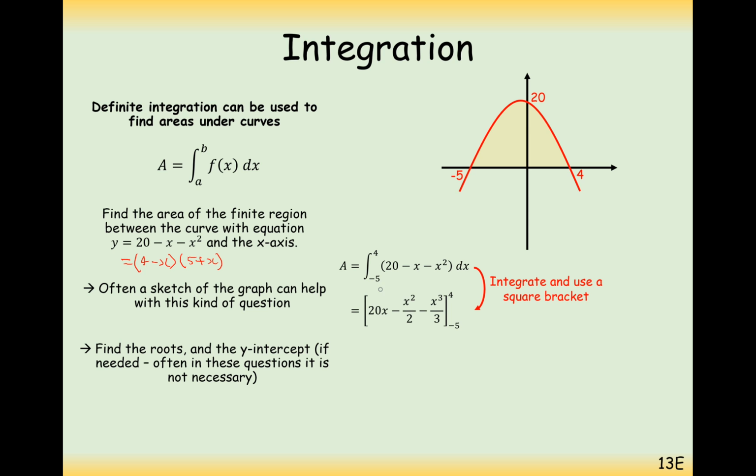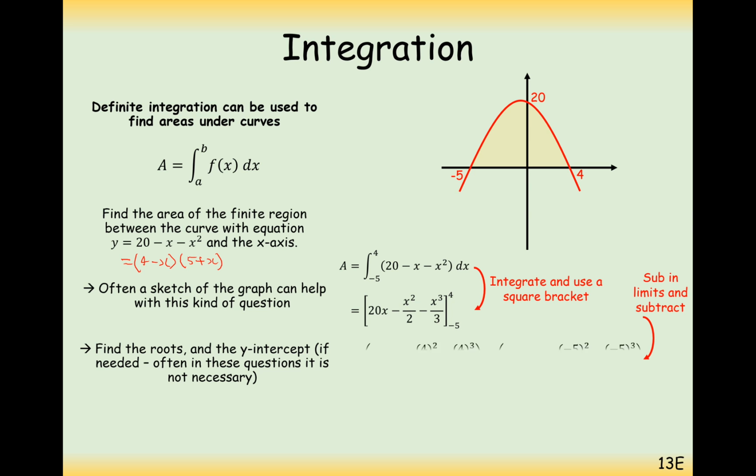So the first thing we'll do is integrate, and once we've integrated all of our separate 3 components, we now put it into square brackets with the limits 4 down to minus 5. Now the way that we include this 4 and minus 5, which has just been hanging off the edge until now, is we're going to substitute these values in.